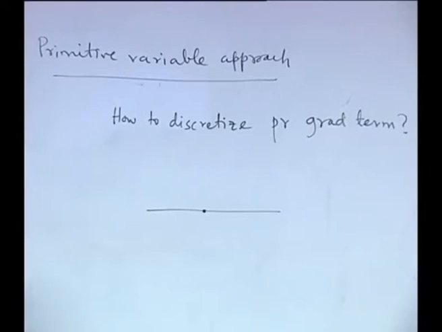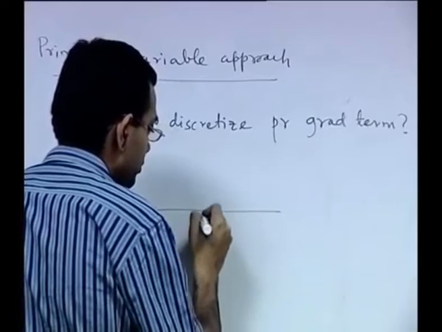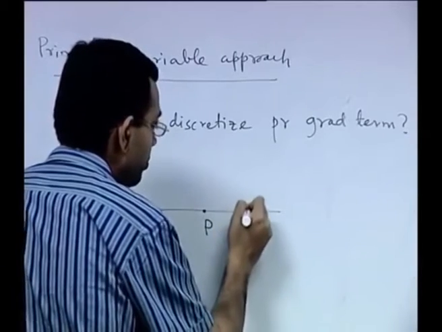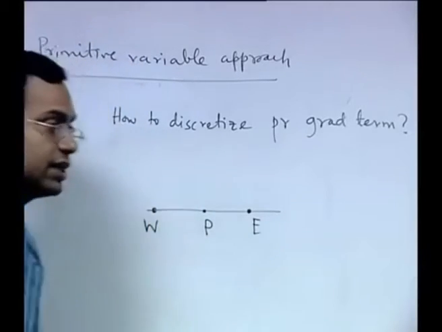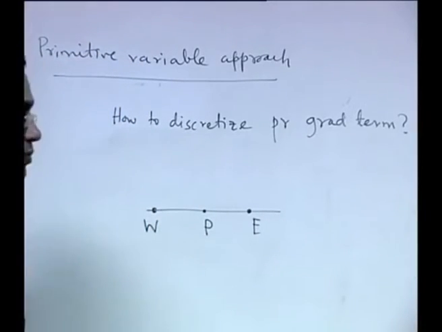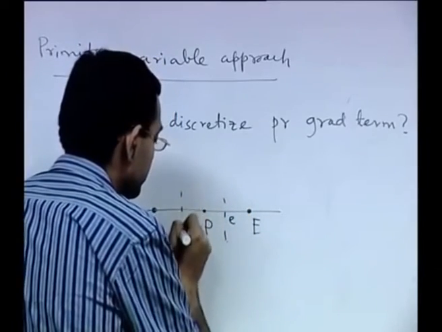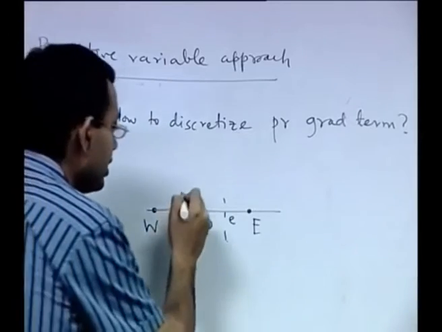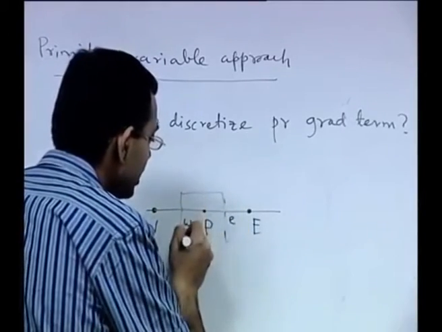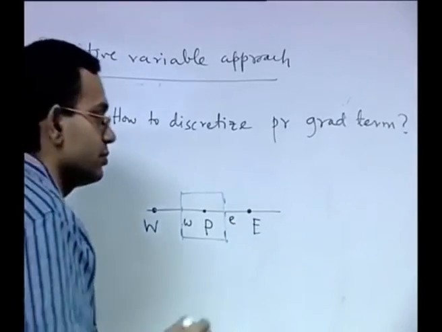Let us say that you have point P with the neighboring points E and W like this, and we are interested in calculating the discretized form of the pressure gradient term for this control volume.